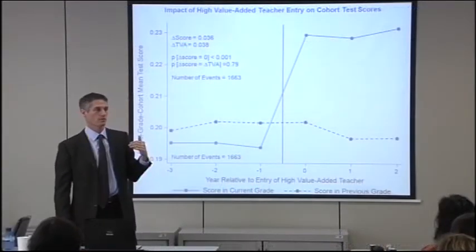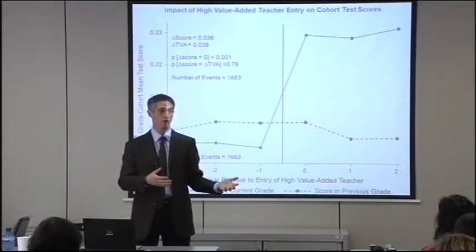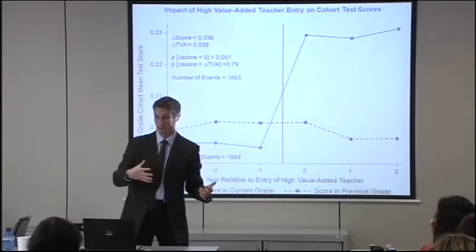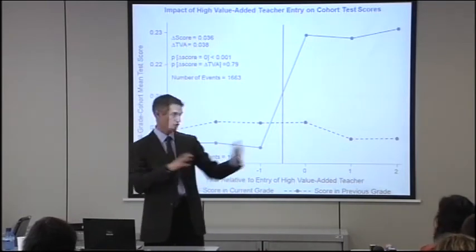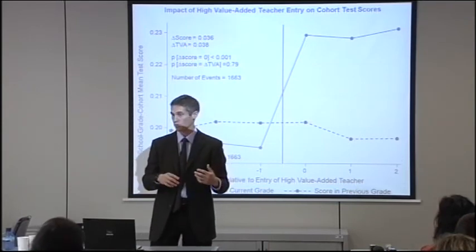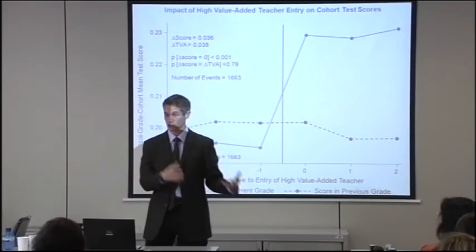Okay? Now you might say, okay, but why did the great teacher show up? Maybe she showed up right when there was a big change at the school. A new director came in. They changed which kids were being assigned to that school. They assigned them kids from a better neighborhood. Right? They changed policies in some other way that made it attractive for that great teacher to show up.